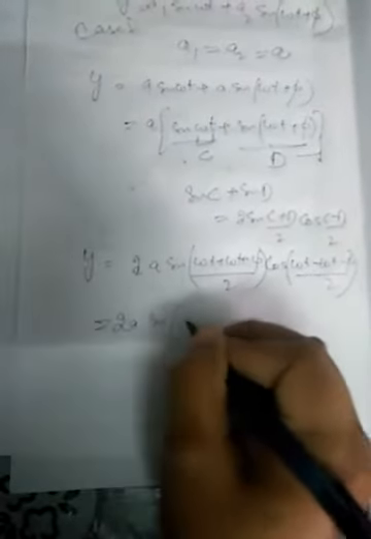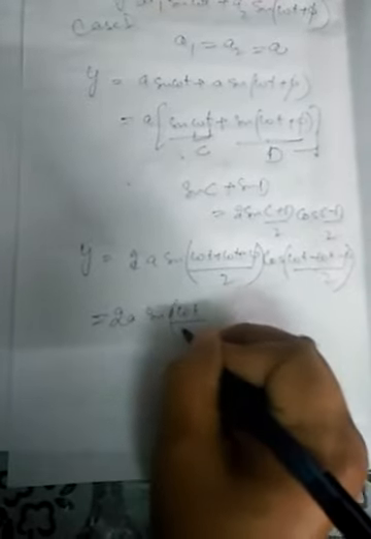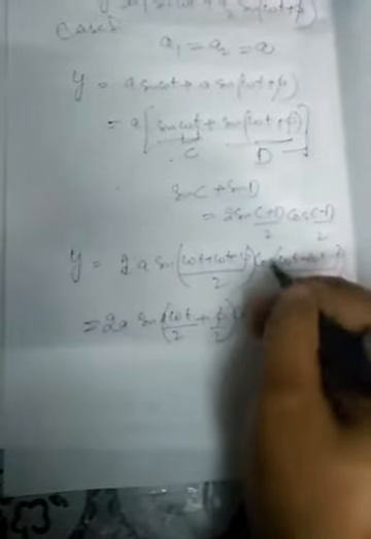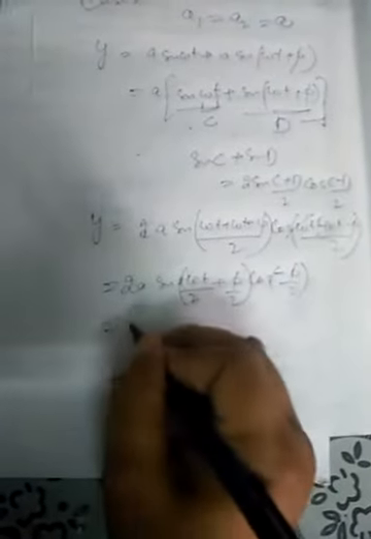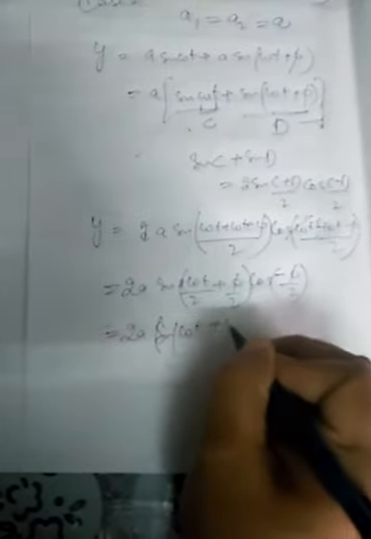Now we can replace it as 2a sine of 2 omega t by 2, plus phi by 2. And here the omega t will get cancelled, so minus phi by 2 is the second part that remains. Now we can separate it out: y is equal to 2a cos of phi by 2 into sine of omega t plus phi by 2.